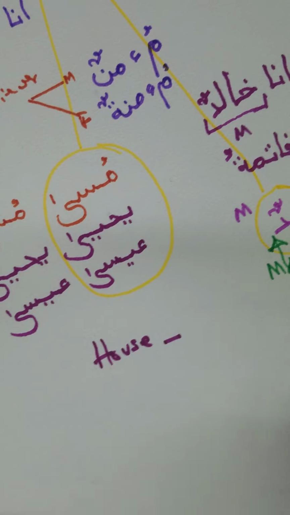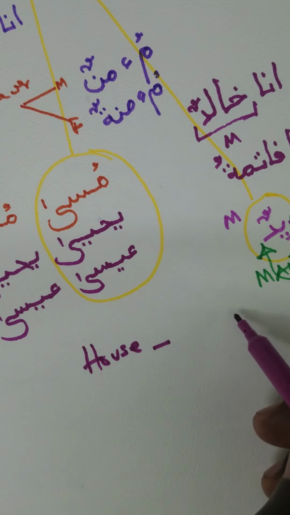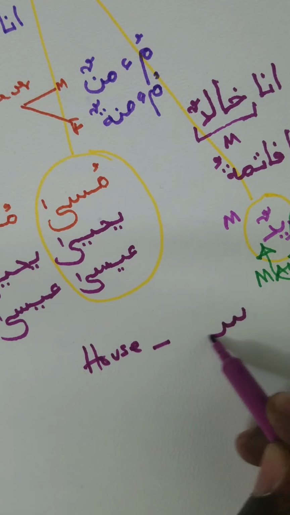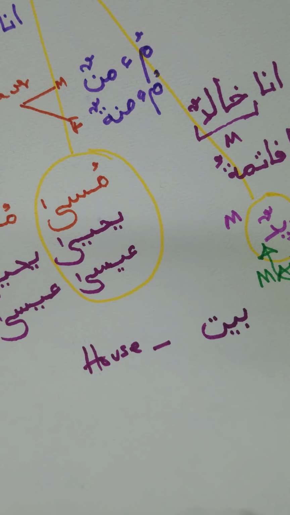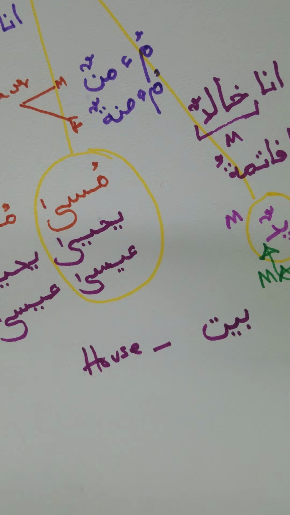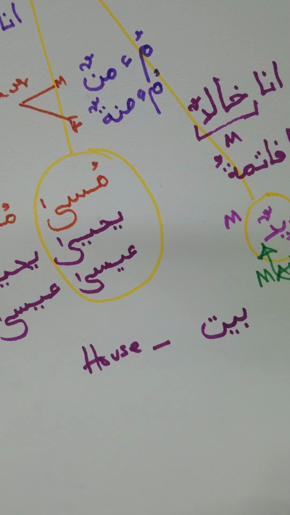House, we said, is called bait. So we ask ourselves, is this word female or male? Now this is something I want you to look at. We talked about these words. How do you know that the word is feminine or masculine? Okay? How do you know?